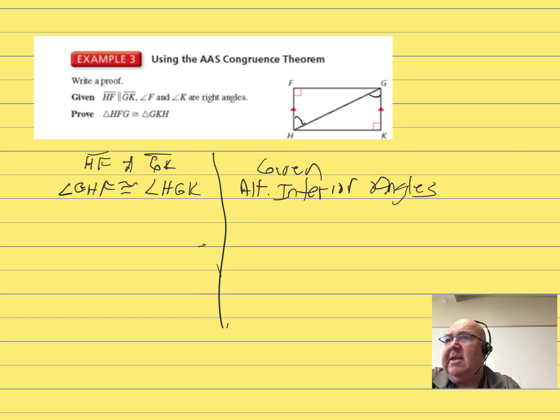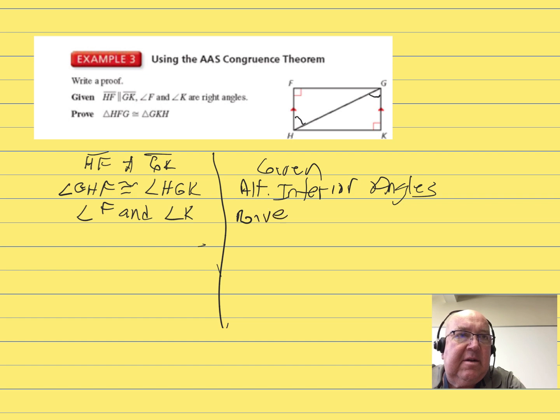Also, we know that angle F and angle K are right angles. That was given. And that means that angle F is congruent to angle K, because right angles are congruent.